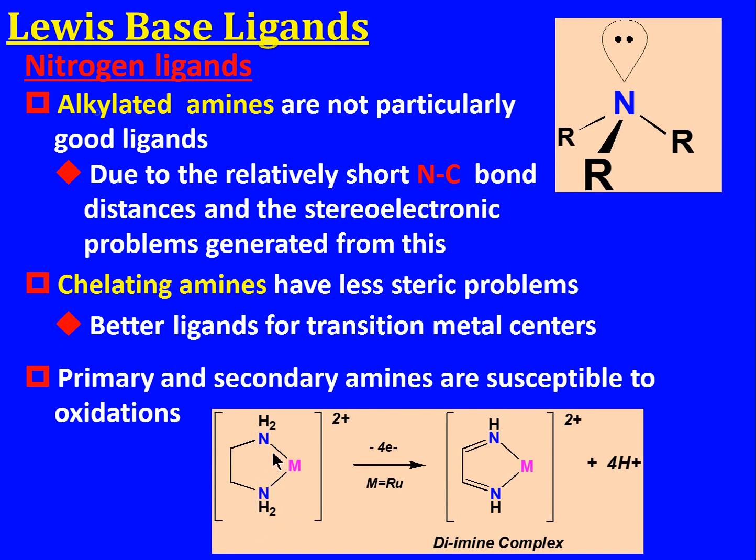This chelating amine can bind to a metal center as a 4-electron donor, and the M-N bond is stable, but the structure in total is not stable because the primary chelating amine can be oxidized to form the diimine complex.